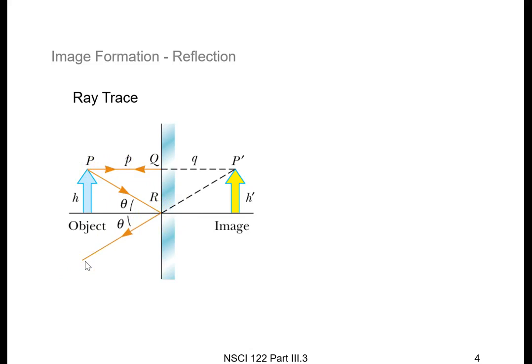So once we're done tracing the rays, we ask ourselves, do these rays converge or diverge? And they diverge. As they leave the optical system, this one's going to the left horizontally, this one's going down to the left. They're getting farther apart. That tells us we have a virtual image. So where is it? So what we do is we trace those two rays backwards.